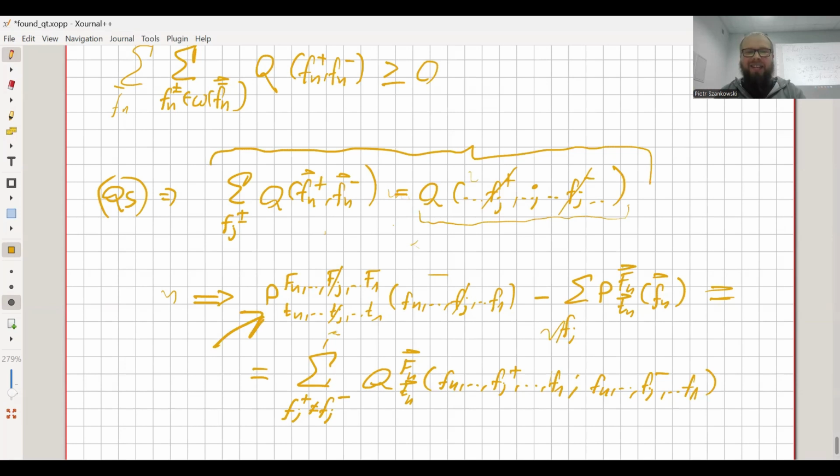And on the left-hand side, you take the diagonal part and move it to the right-hand side. So this gives you this, and what is left is this. So this is how you get this.